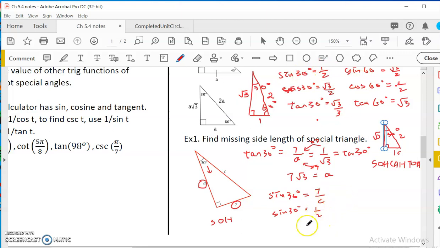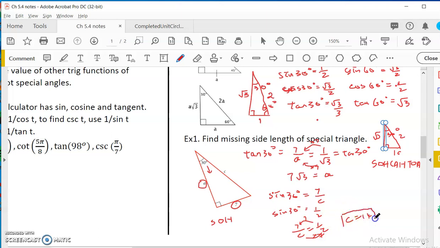So we equate them: 7 over C is equal to 1/2. How do I find C? C would be equal to 14, because 1 times 7 is 7, and 2 times 7 is 14.